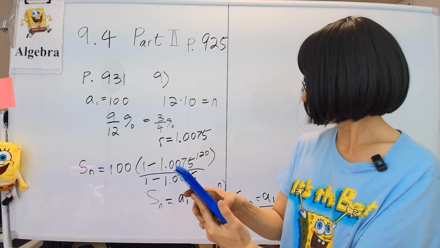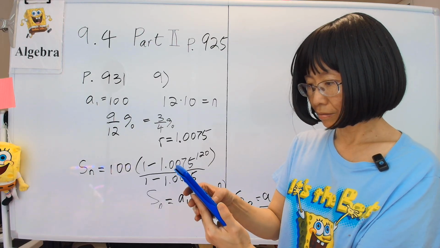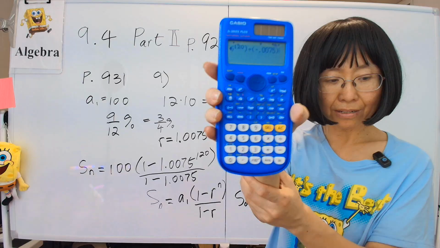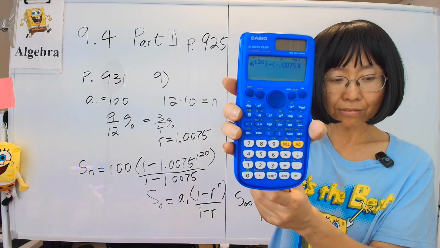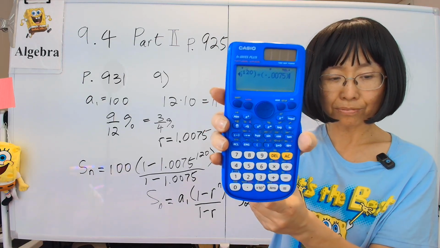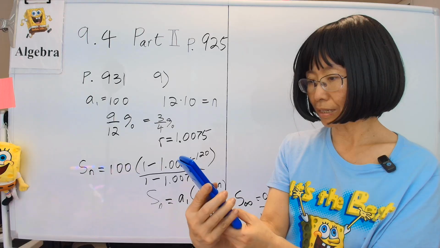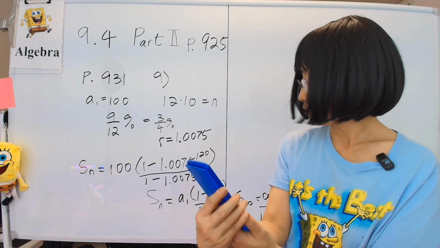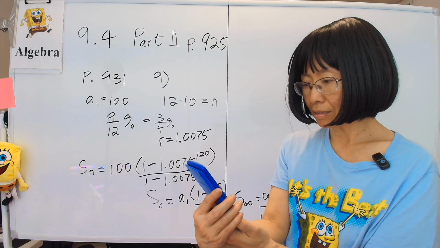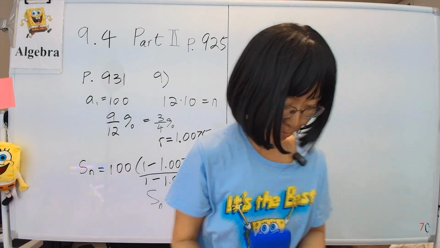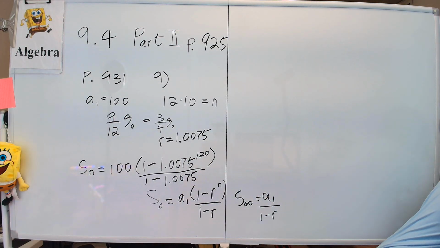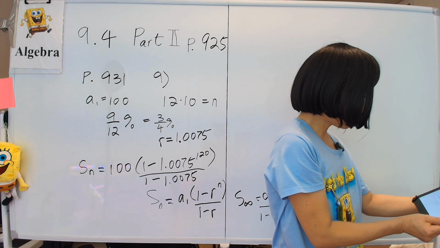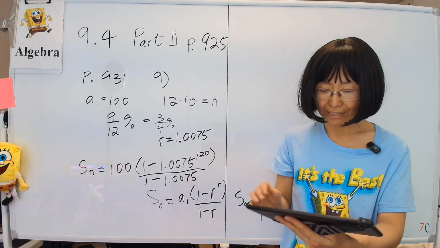So divided by negative 0.0075, close parentheses. That should be okay. That is 19,351 is what I got. 19,351, yep, and that is correct.